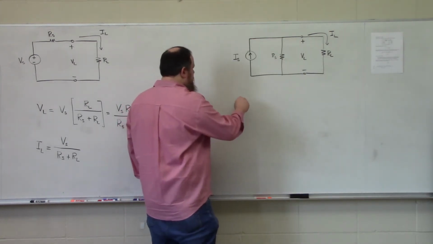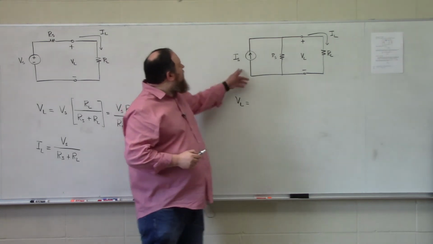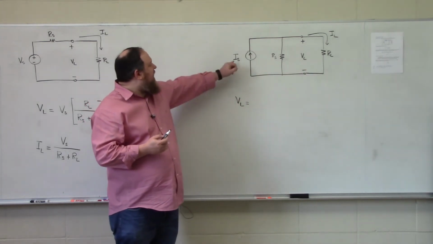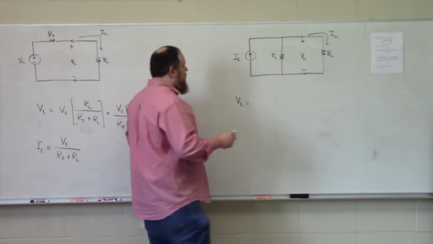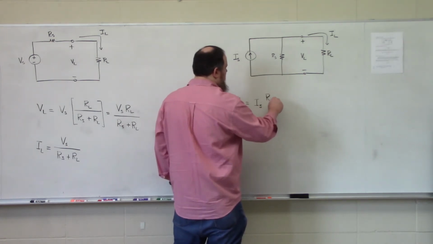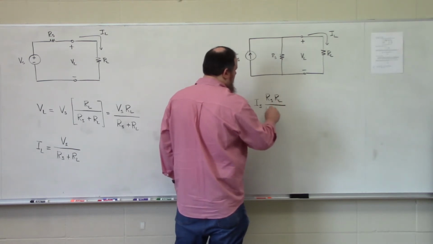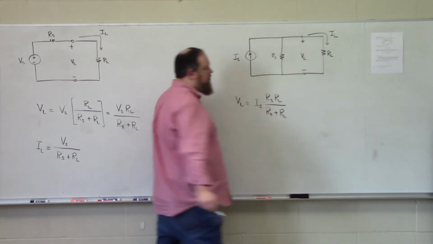So our load voltage VL, this current source sees two resistors in parallel. So VL would simply be IS times the equivalent resistance of those guys in parallel, which is going to be IS times RS RL divided by RS plus RL.